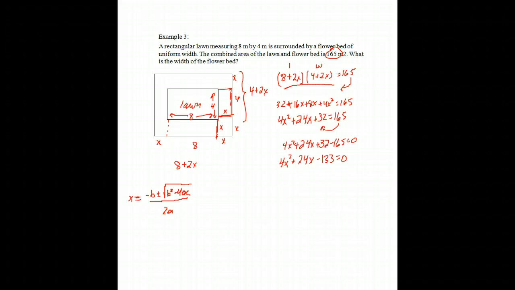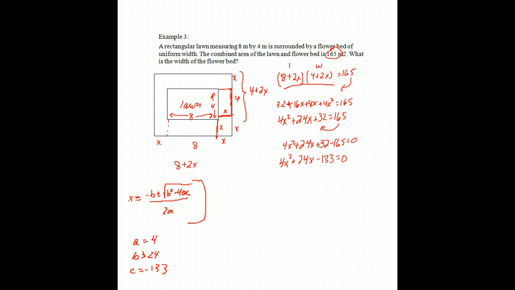It can't be divided by 2, and there's no way of trying to factor this. What you have to do now is use the quadratic formula, and that's written here. So it's important that you be able to pick out your A, B, and C terms, and from our equation above, A is 4, B is 24, and C is negative 133.